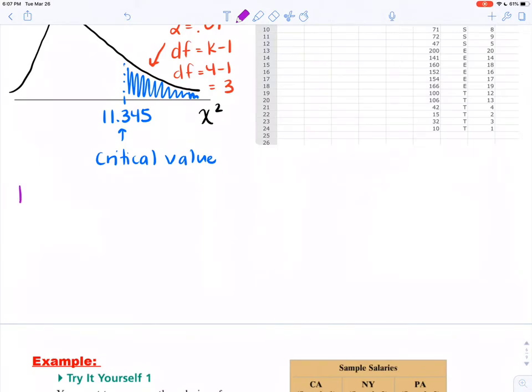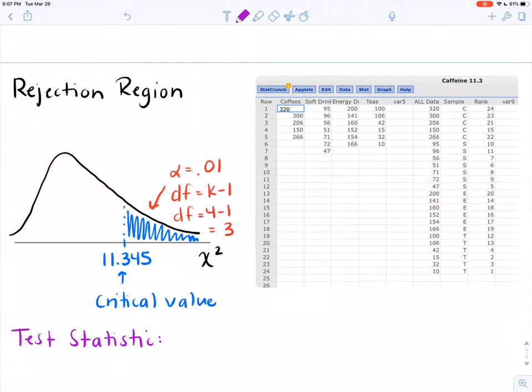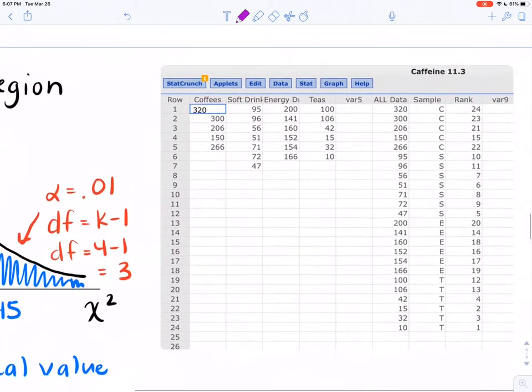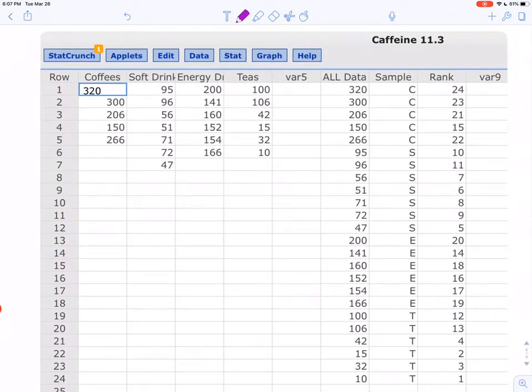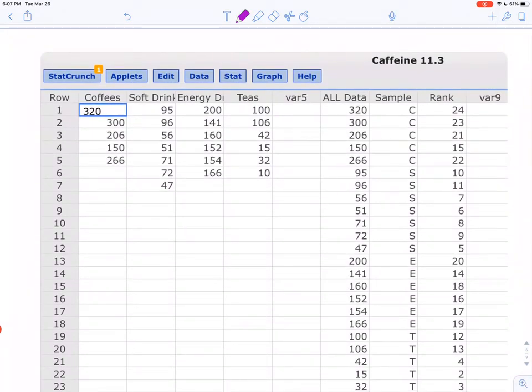to get the test statistic for this Kruskal-Wallis test. Now, this is where I'm going to need to rank the data. And again, I showed you guys in the previous section how you could go into StatCrunch and get it to rank your data for you. And so that's exactly what you're seeing here. Because I needed to rank all of the data, I just copy and pasted each one of my 4 groups into this one column.